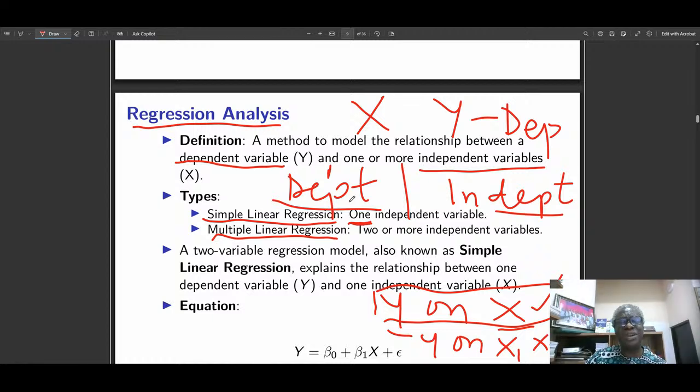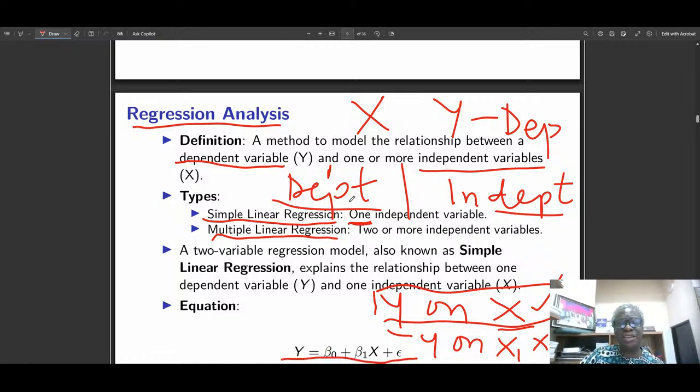Simple linear regression is also known as a 2-variable regression model, and it explains the relationship between one dependent variable y and one independent variable x. So this is the equation.